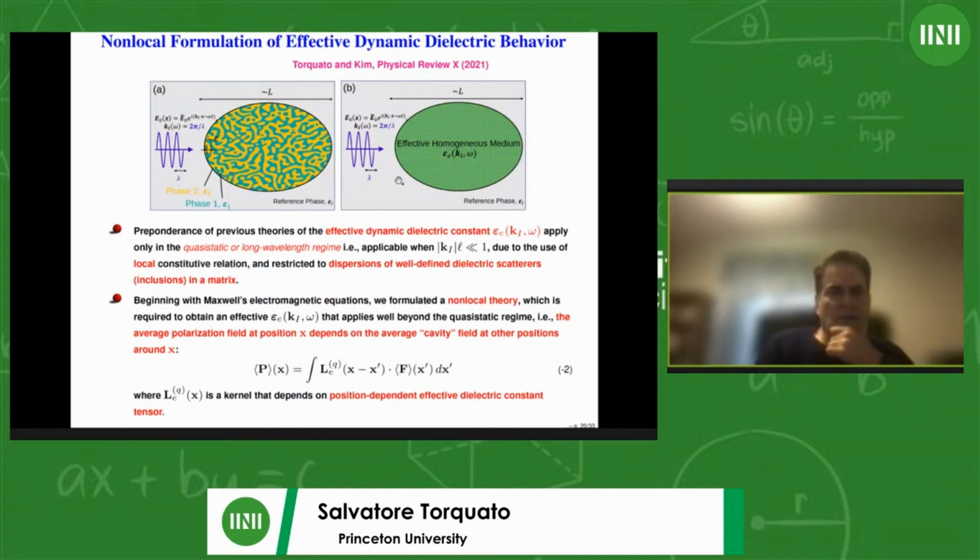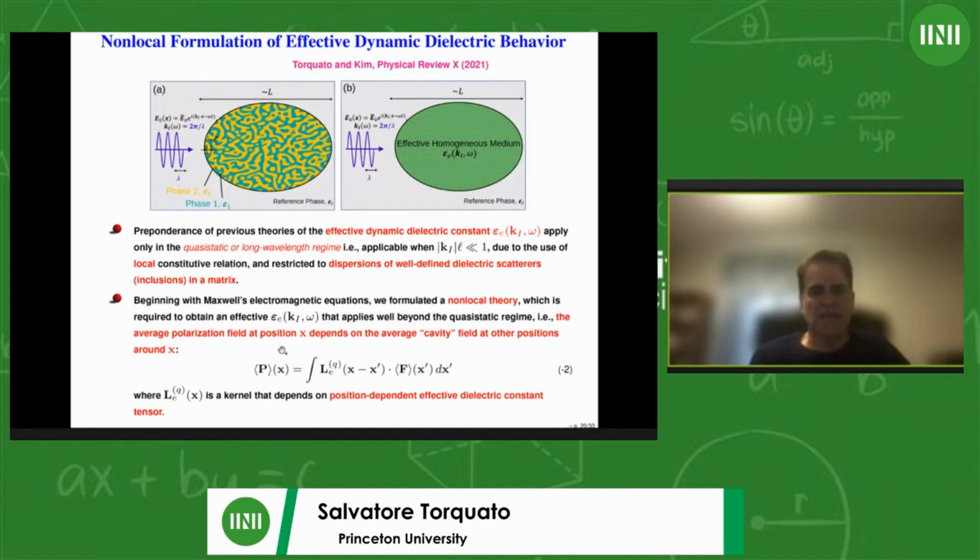And I want to ascribe an effective homogeneous dielectric constant to it. Normally, when people have done this, you can only apply it in the quasi-static regime, the long wavelength regime. What we wanted to do was extend this to include wave numbers that are well beyond this quasi-static regime. And so we call this a non-local formulation.